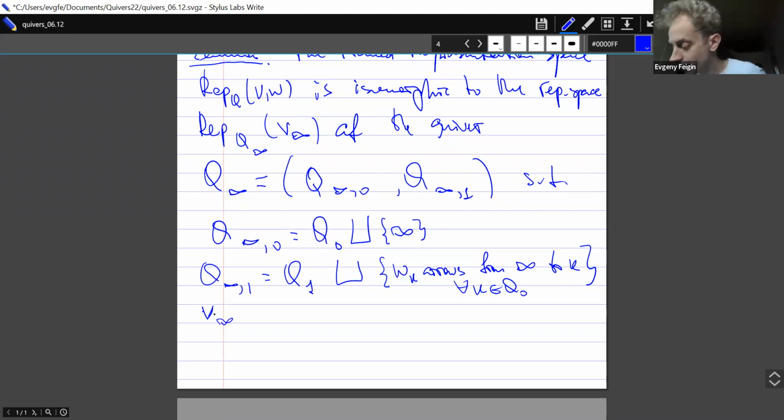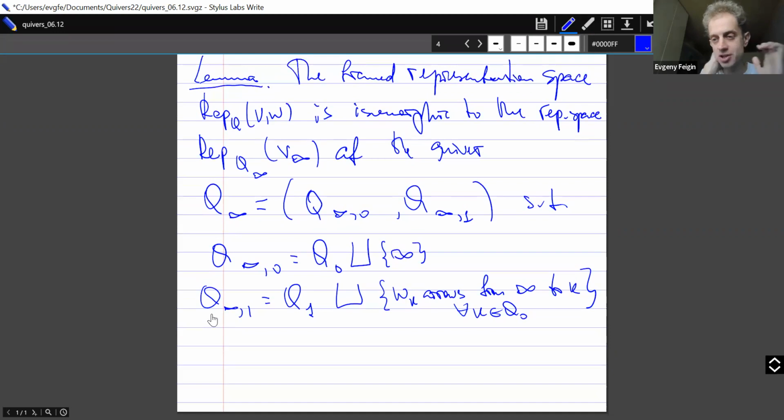So this is a vector. I need the dimension vector, and so maybe you tell me: what should be the dimension vector to make this isomorphism?